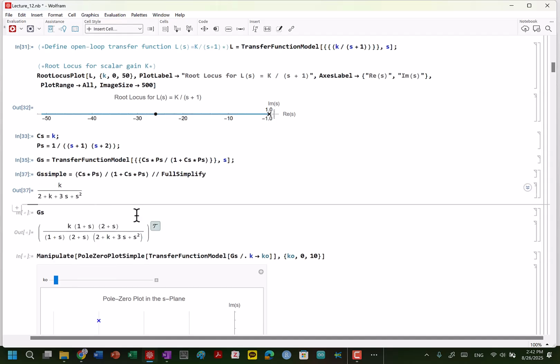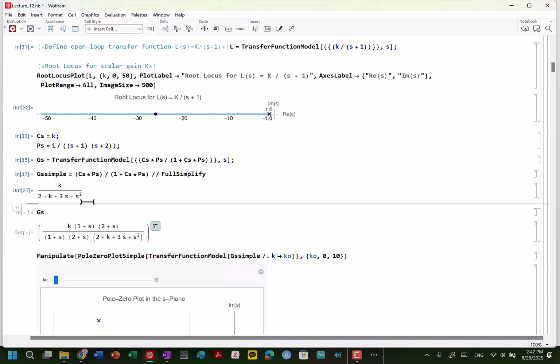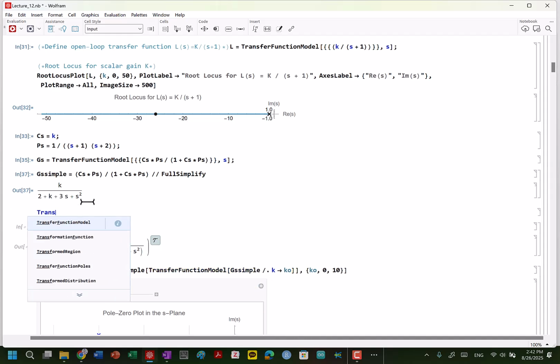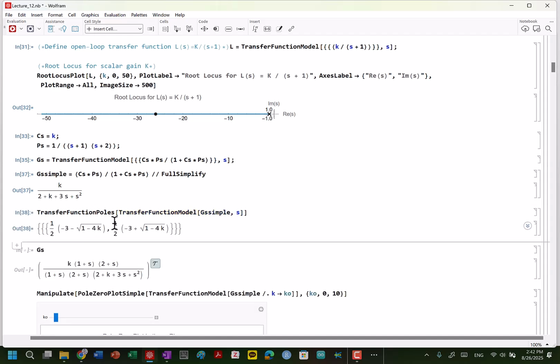Now we can ask for the transfer function poles of the transfer function model G as simple in terms of S, and we have two poles, which makes sense.